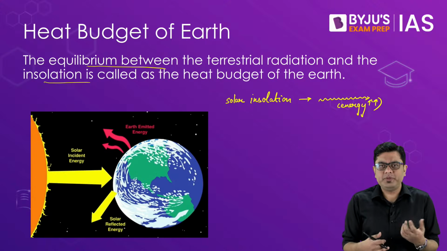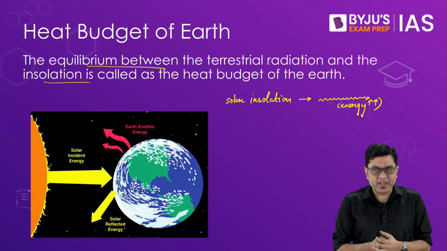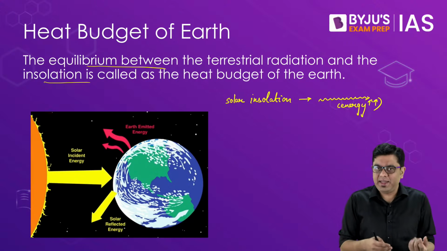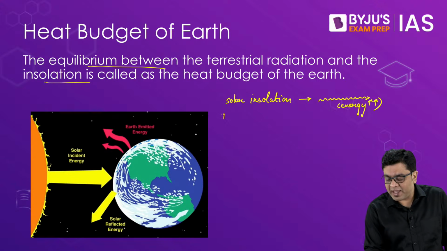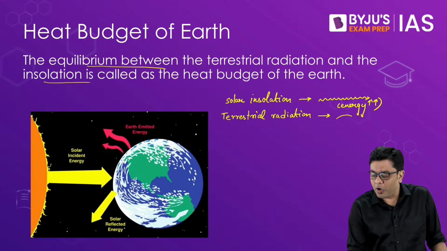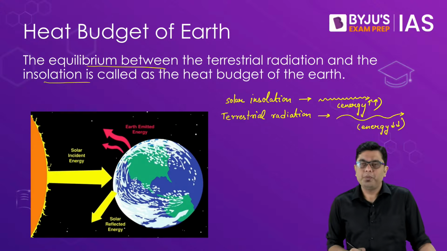And any hot object will release energy in the form of waves, in the form of radiation. Because we are talking about the planet losing that heat, it is referred to as terrestrial radiation. The terrestrial radiation released from the surface of the planet is always in the form of long waves. That is, it is low on energy level.